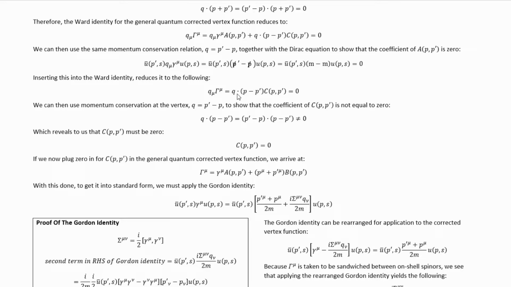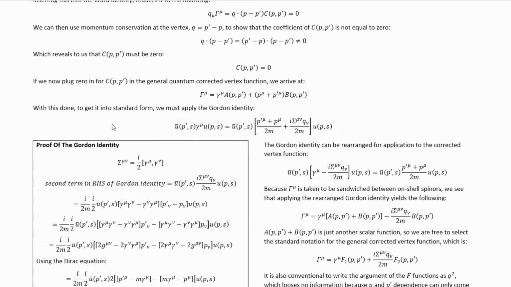Now we can prove that this coefficient isn't 0. Specifically, we'll do this using momentum conservation again. So if we plug this value of Q in, mandated by momentum conservation, we see that it's necessarily not equal to 0. This ultimately reveals that C has to be equal to 0. So there's our result that simplifies gamma mu down. That's the value of the Ward identity in this particular problem.